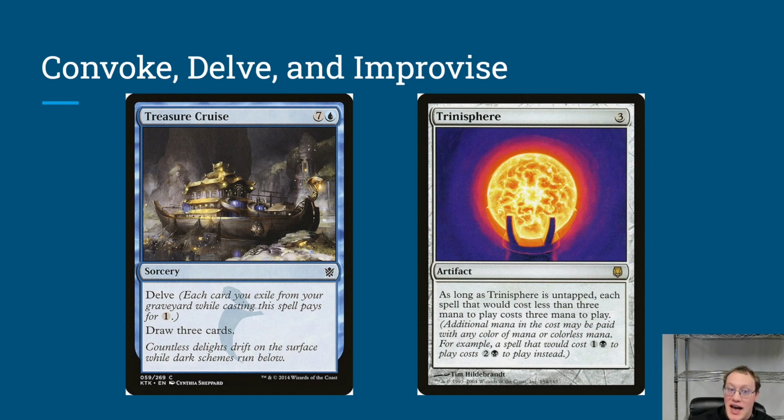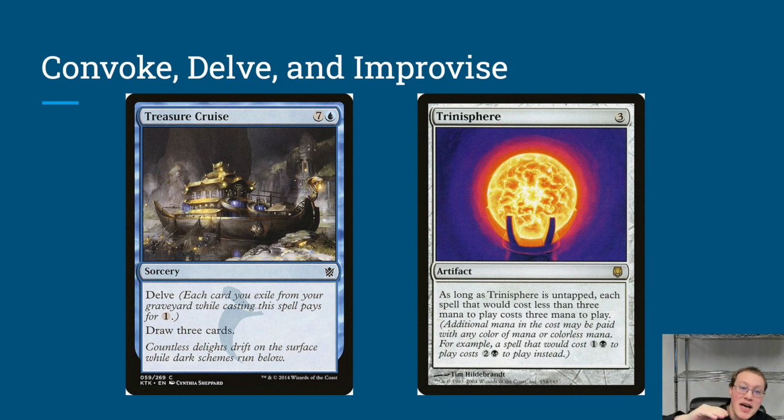No, what's actually going to happen is we're going to play the Treasure Cruise, and we're going to see how much mana it's going to cost to cast this spell, and it's going to be 7 and a blue. And then there's not going to be any cost increasers, and there's not going to be any cost reducers. And so we get to the Trinisphere step, and Trinisphere is going to be like, okay, 8 mana, no problem.